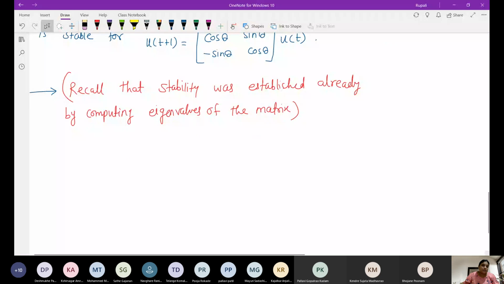So now we will try to show there exists a Liapunov function. First we will define a function and we will show that it is a Liapunov function.